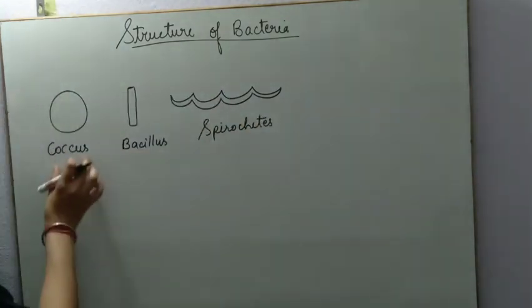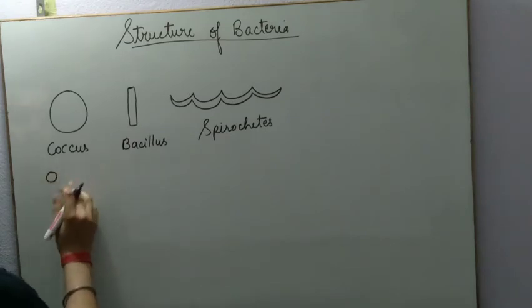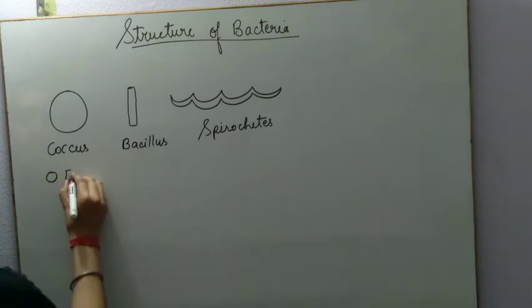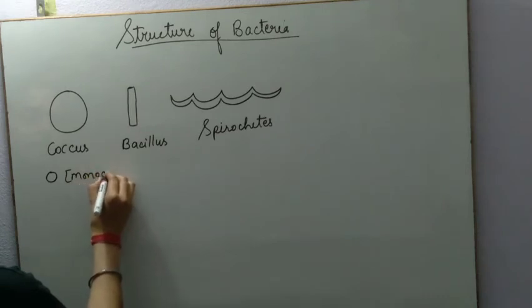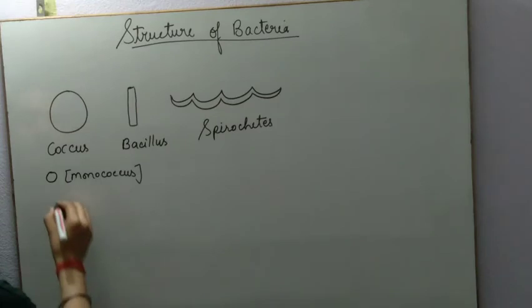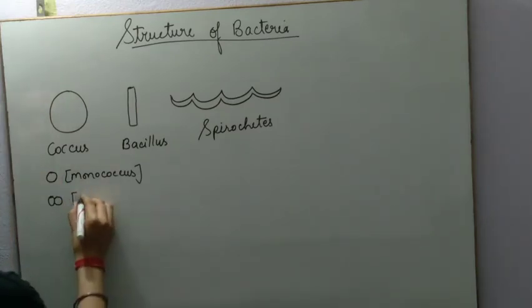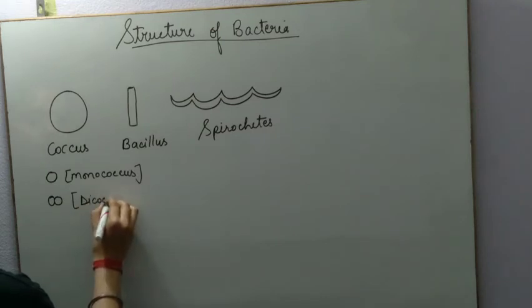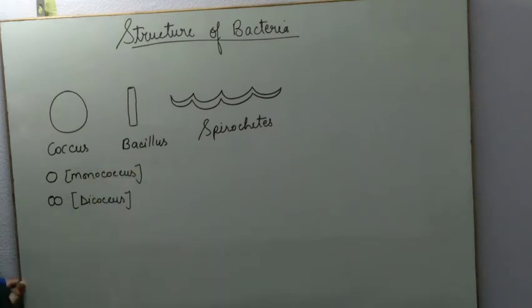If they have one spherical structure, they are called monococcus. If they have two spherical structures, they are called diplococcus. And if they have a chain-like structure of many small spherical structures, it is called streptococcus.